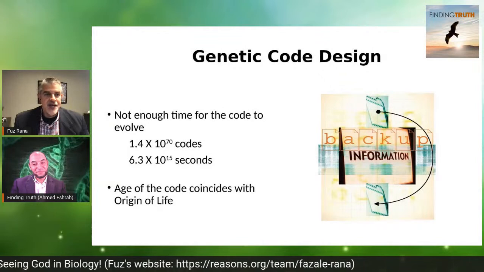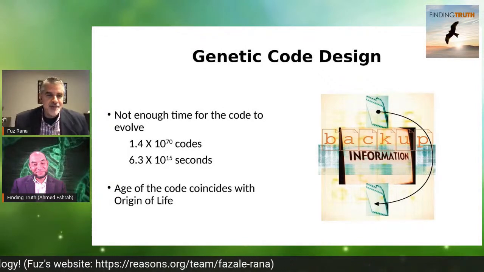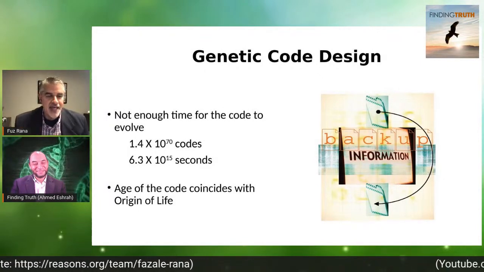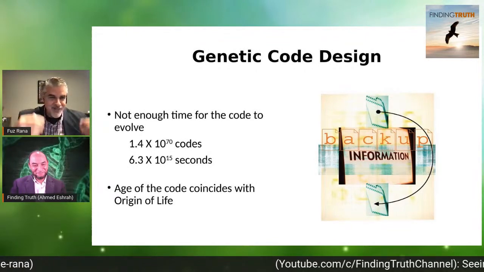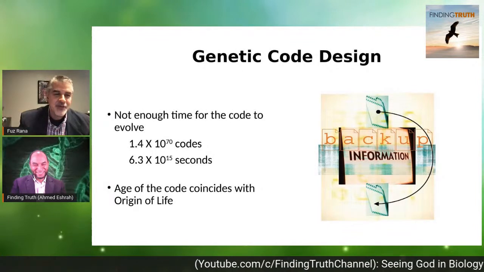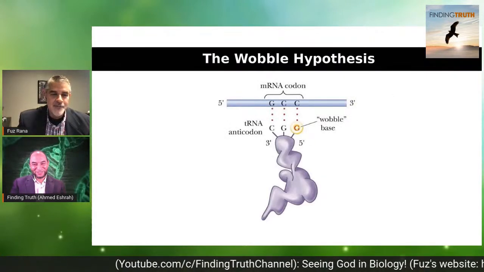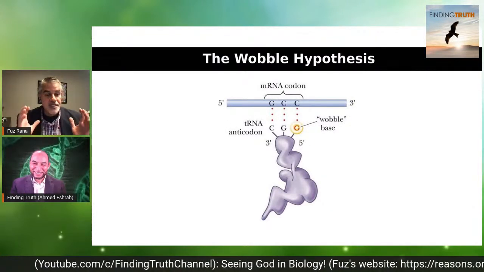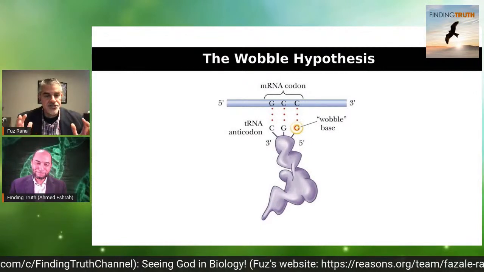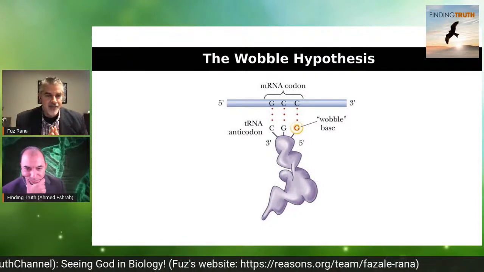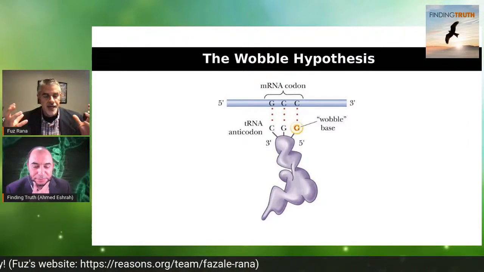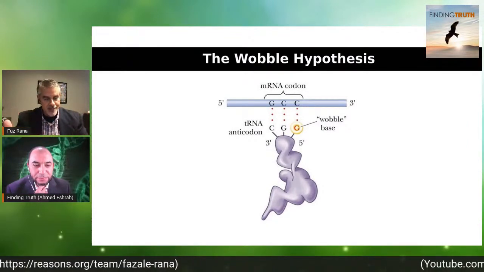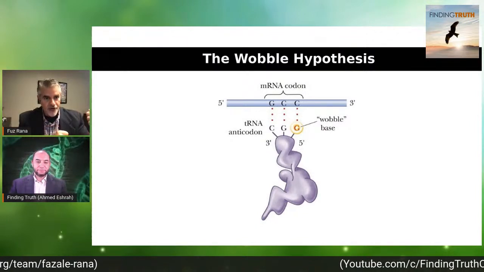Absolutely. Now, we've been going on for about 50 minutes, but there's one other point that I want to make. If this isn't mind-blowing enough, yeah, it is actually. The source of the redundancy in the genetic code is due to something called the wobble hypothesis. The amino acids that are brought to the ribosome are bound to transfer RNA molecules.